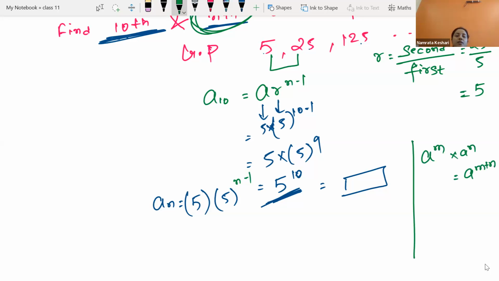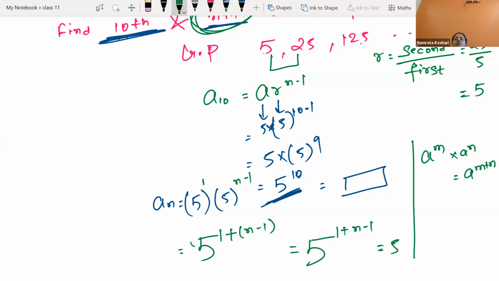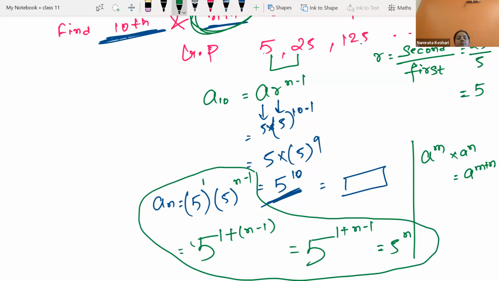So 5 to the power 1 into 5 to the power n minus 1 is 5 to the power 1 plus n minus 1. So 5 to the power n is the answer. This is the second part, and that was the first part. Clear?